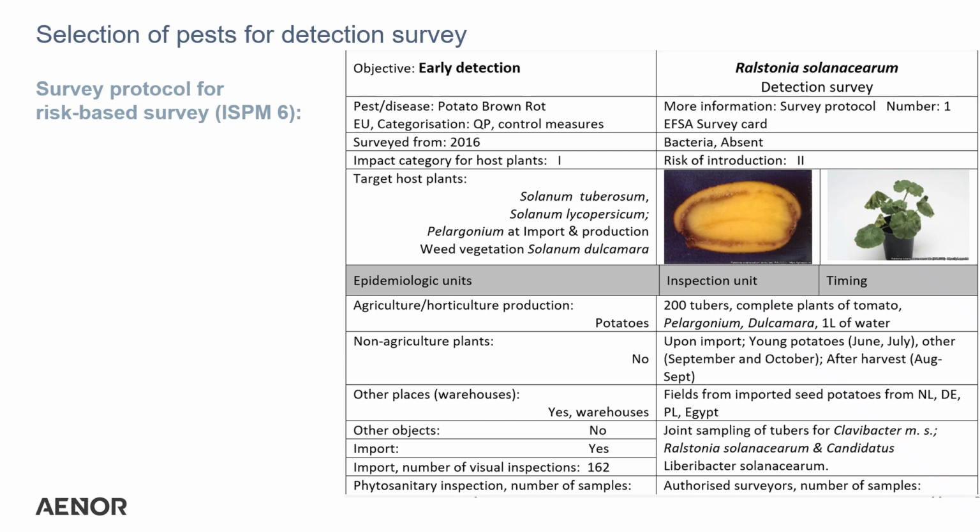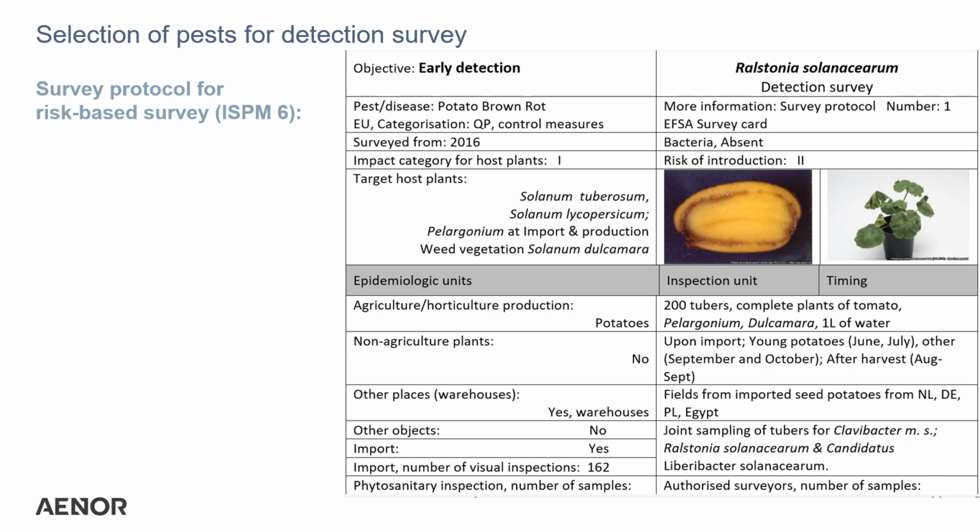For each selected quarantine pest, we prepare such a description as shown here for Ralstonia solanacearum. We describe the type of survey, detection survey, describe references if we have other information on this survey protocol, describe the common name, potato brown rot disease, and the host plants which are in the survey.